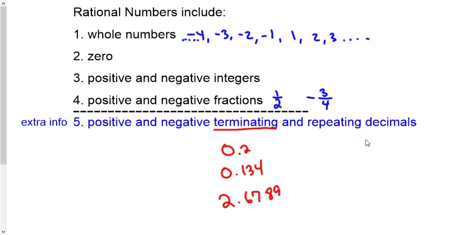And then we can also take a look at repeating decimals, and you've seen those before. The fraction 1/3 will turn into 0.3 repeating, right? And what that means is that it's nothing but 3's that keep on repeating forever. It never ends unless you round it.